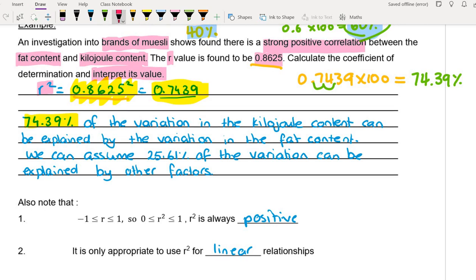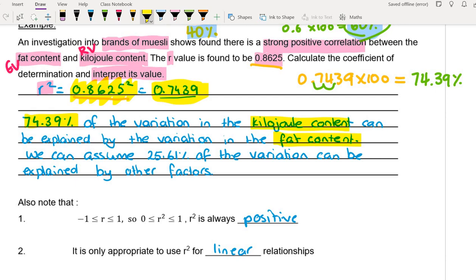We were assuming that this is the EV and this is the RV, like the higher the fat content, the higher the calories. But it turns out only 74.39% of the calories can be explained by the fat content. That's what the R squared value will give you.